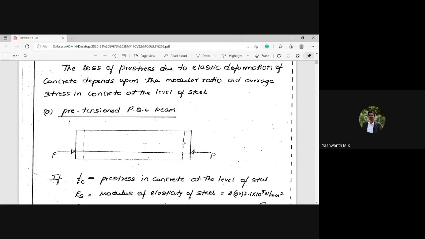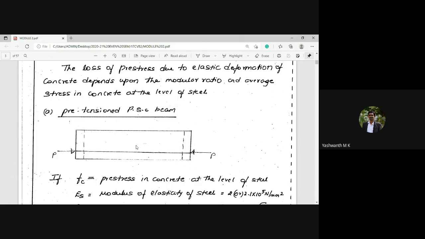Let me see what is the reason for this deformation. We know from module number 1, the PSC beam will be subjected to one, pre-stressing force, and another, external load. Once the PSC beam is subjected to the pre-stressing force or the external load, the concrete will undergo certain deformation within the elastic range as time elapses.